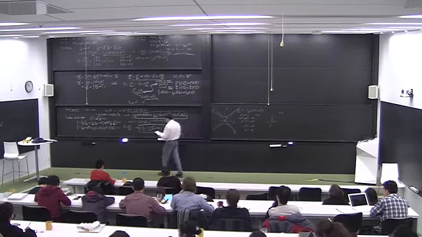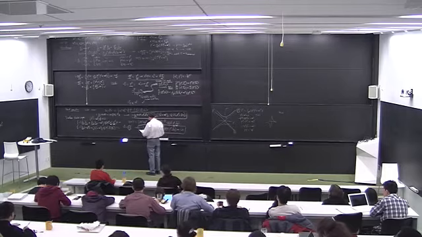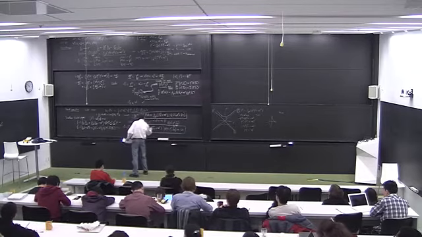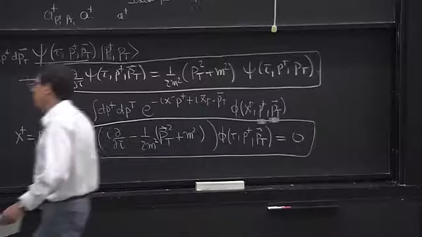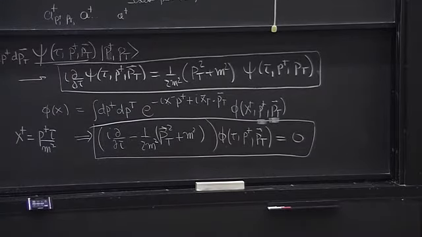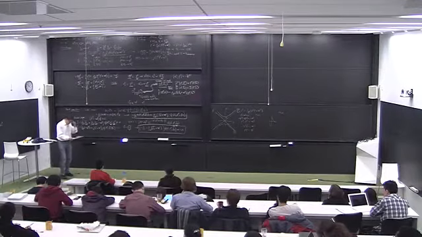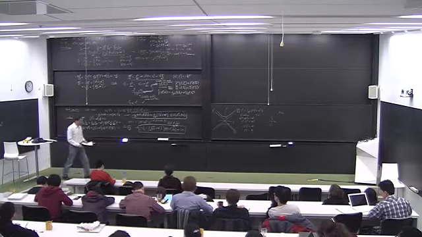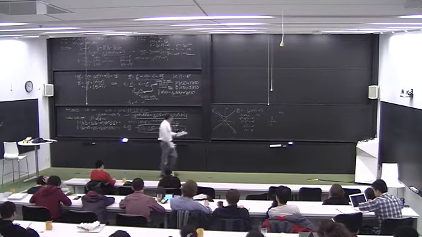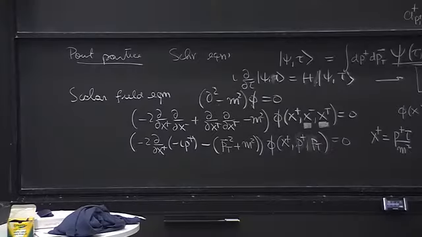It's the right one. So here is m squared, because there's m squared, so I get an m squared here. Thank you.